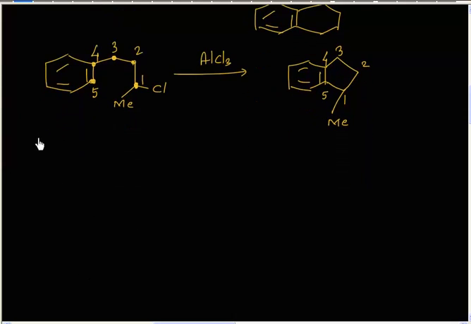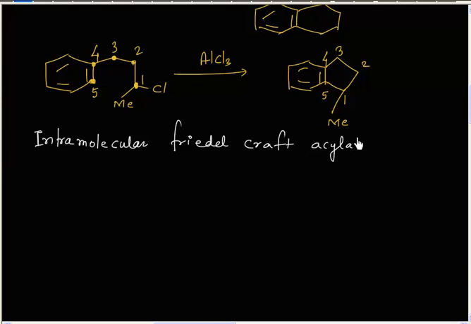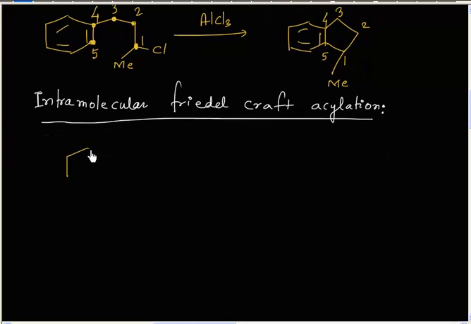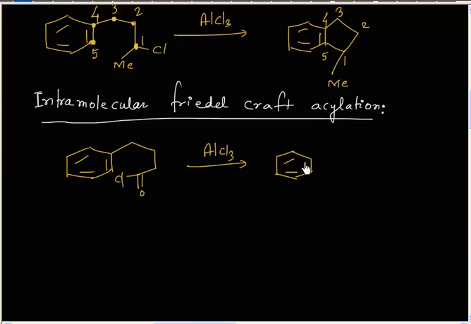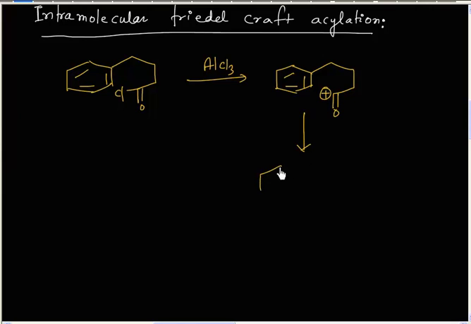Similarly, we can have Friedel-Crafts acylation that is intramolecular. For example, if I have this reaction and it is treated with AlCl3, first we will generate an acylium ion, that is an electrophile, and now this electrophile will attack this benzene ring and finally we will have a substitution product.